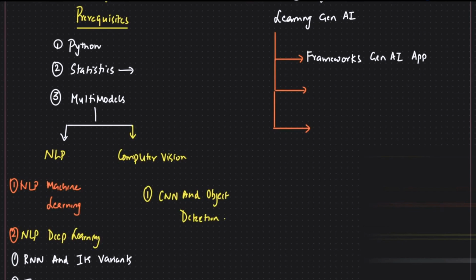Some examples of frameworks are LangChain, Llama Index, and Chainlit. If you are following me, I'm making sure that I cover all these things, so I will talk about frameworks also.